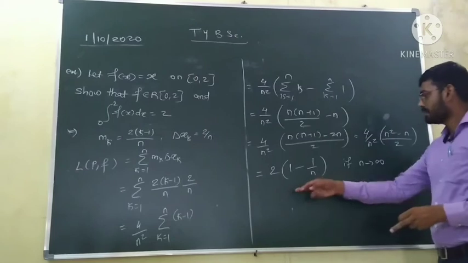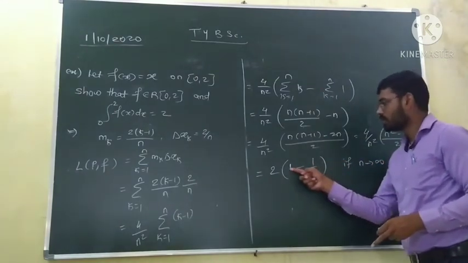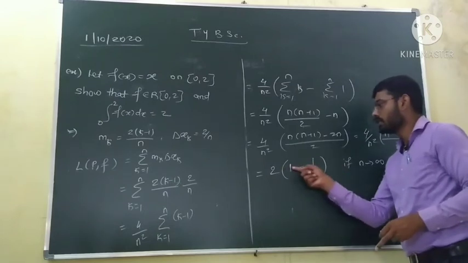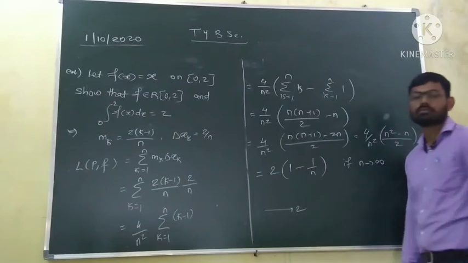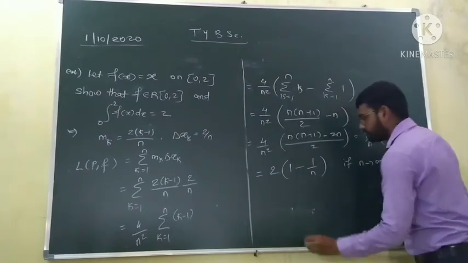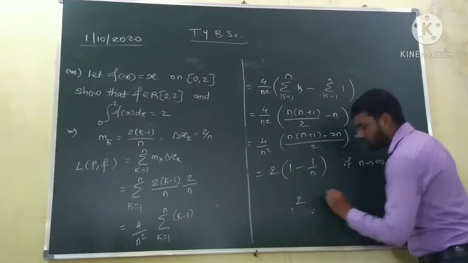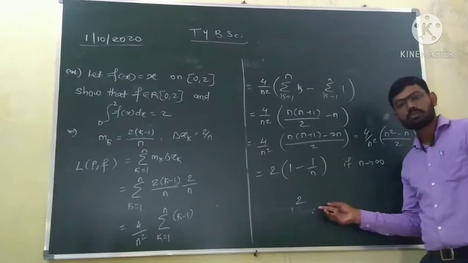So as n tends to infinity, 1 by n tends to 0. This tends to 1 minus 0, 1, 2 into 1. So lower sum is going towards value 2. So see, lower sum is tending to 2.